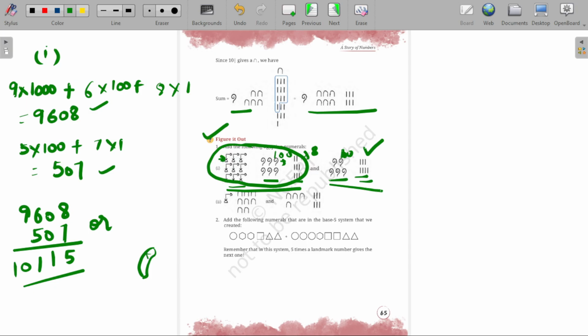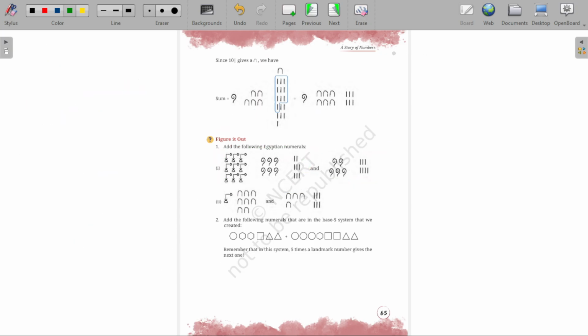So the symbol form of this will be this. And how it comes, that is your homework. Okay. This is the answer of the first question. Now moving to the second part of this figure it out. Again, this symbol is of 1000, so 1000 plus this 10 times.